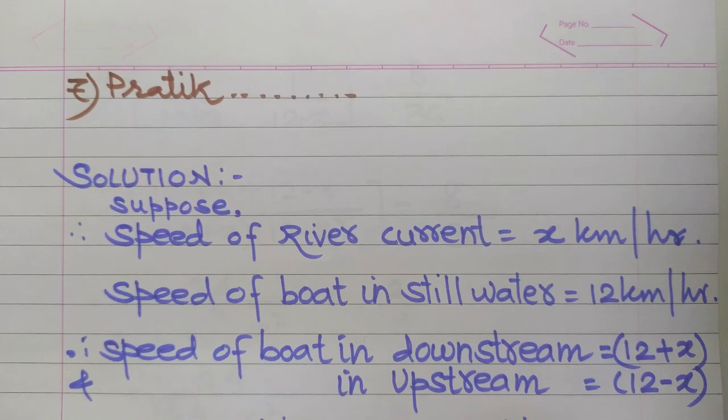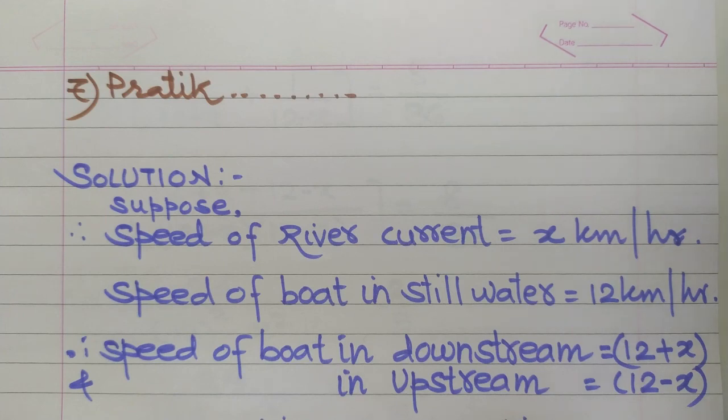The problem is: Pratik takes 8 hours to travel 36 km downstream and return to the same spot. The speed of the boat in still water is 12 km per hour. Find the speed of the water current.